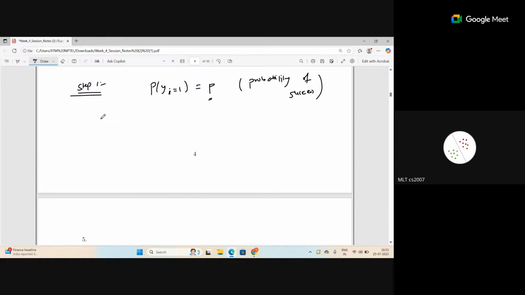It will be 6,000 divided by 10,000, so 0.6, right? In the training, I have labeled 6,000 emails as non-spam and 4,000 emails as spam. Let us say y equal to 1 is what?